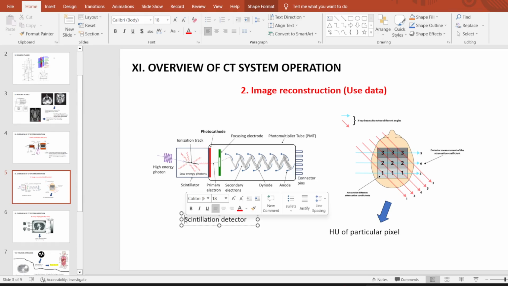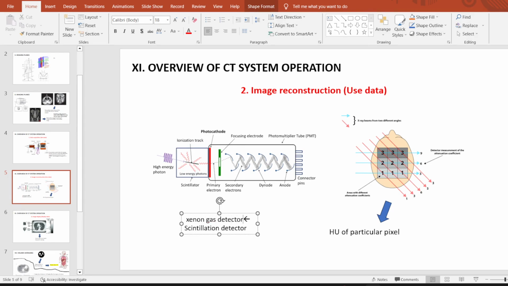Before it, we had the xenon gas detector, and we are trying to create a more advanced detector, which is called the photon counting detector. You don't need to know all this right now. Just keep in mind that the X-ray beam goes through our body, and this kind of detector will record that data.